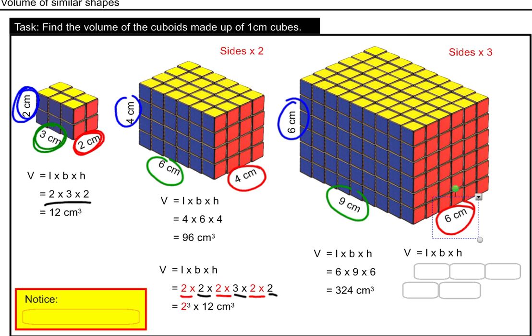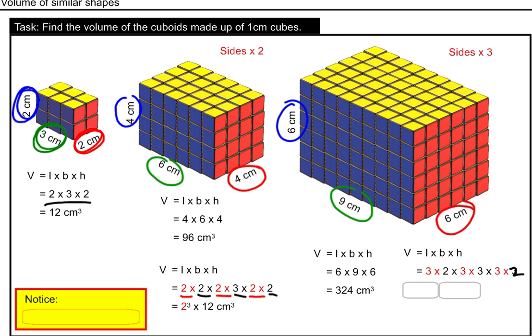The 6 here is 3 times the original 2. The breadth, my 9, it's 3 times the original 3. The height, this 6 here, is 3 times the original 2. And just quickly fixing that typo there. So that should be a 2.